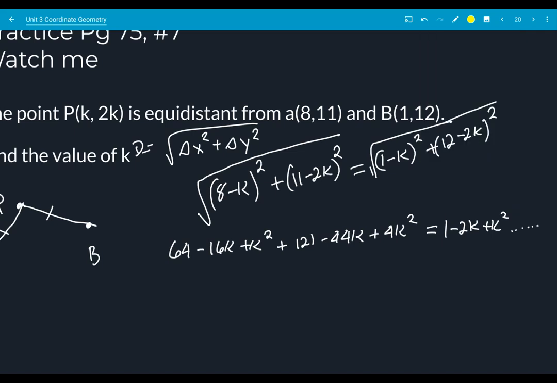Let's simplify this. Those are like terms, those are like terms, and those are like terms.